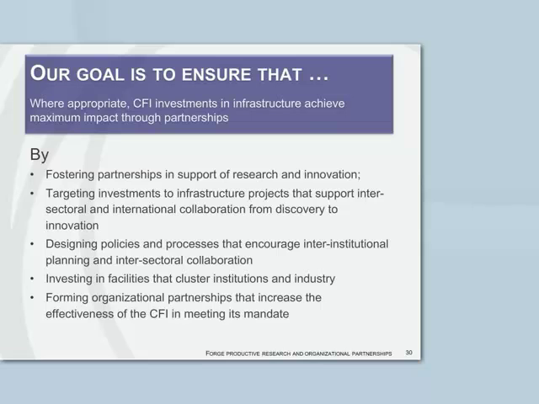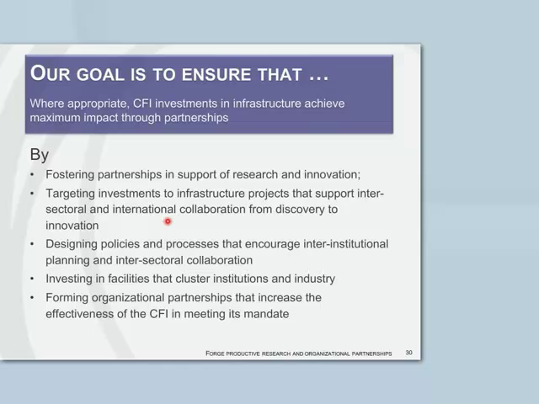This is not new. I want to mention that this was part of the original funding agreement at CFI, that CFI infrastructure and our guidelines foster collaboration amongst institutions. The second point is targeting investments to infrastructure projects that support intersectoral and international collaboration from discovery to innovation. And that international component is also very important.